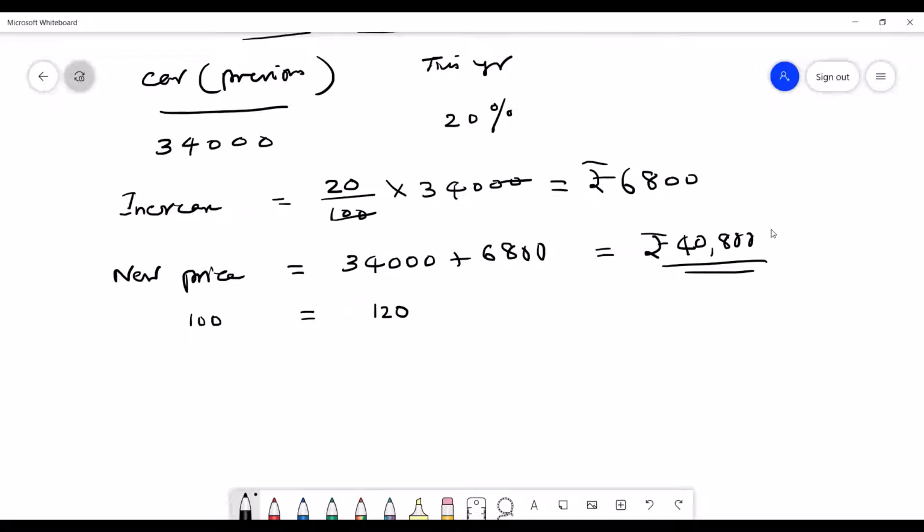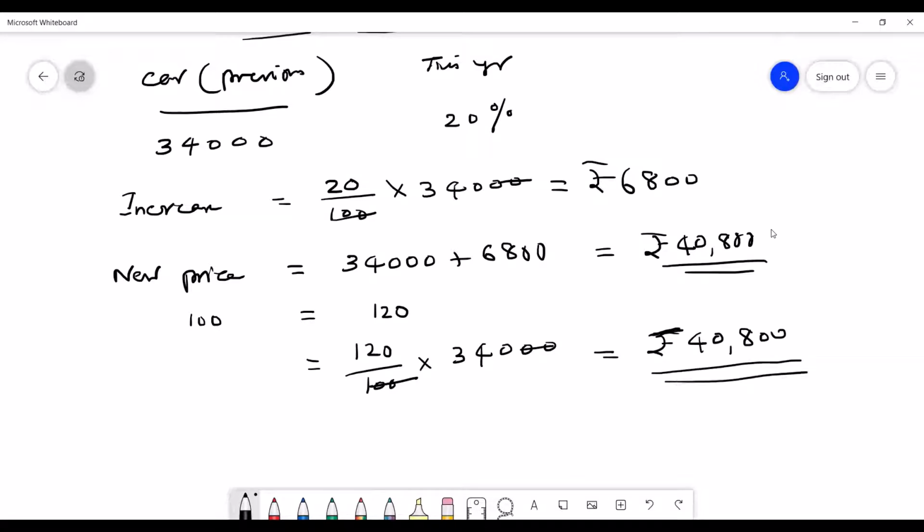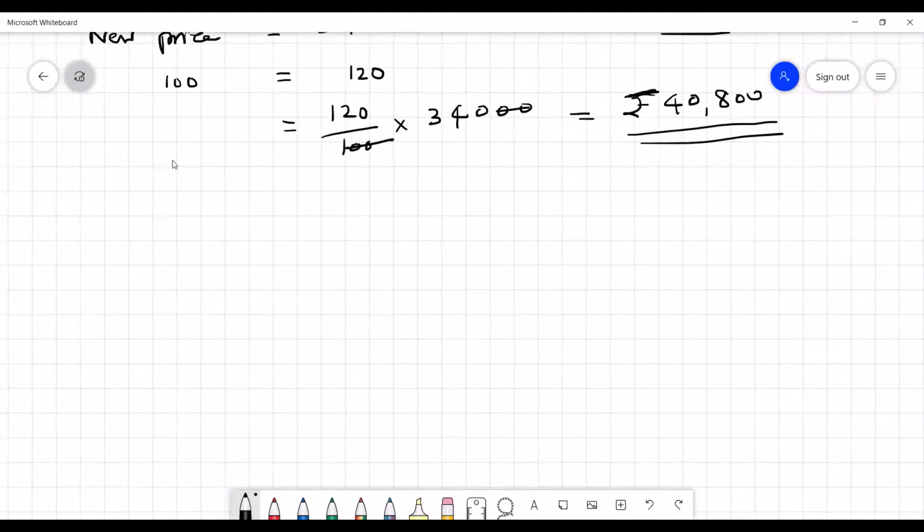So in that way also we can say that today's price is 120 divided by 100 into 34,000. If you do this, then this way also you will get 40,800 rupees, and as per your convenience you can go for this calculation.